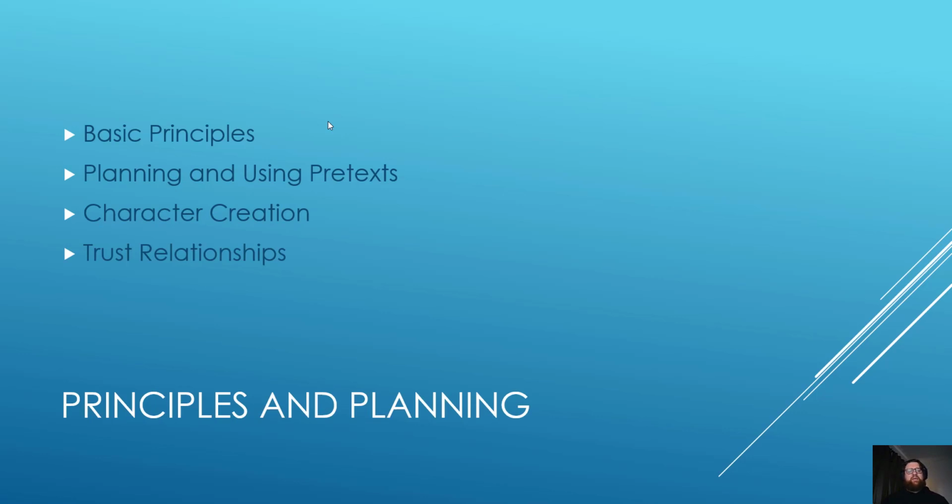Here, principles and planning: basic principles, planning and using pretexts, character creation, trust relationships. We have to have basic principles, and we have to plan and use pretexts. We can create a character like a fake person, and then we can engage, and show that they can trust us, as I said before.